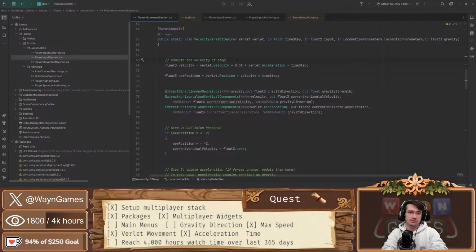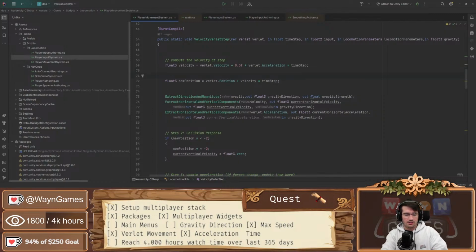So compute the velocity at step. Okay. Update the position.